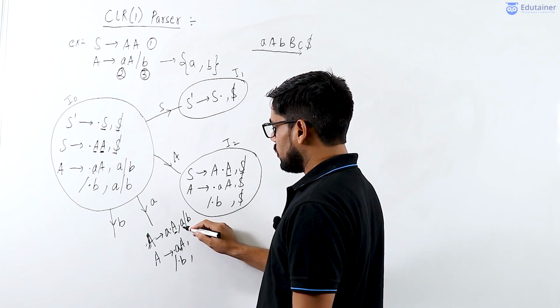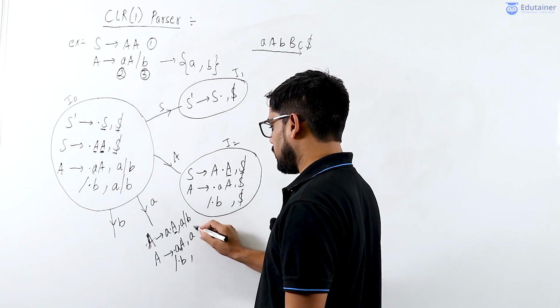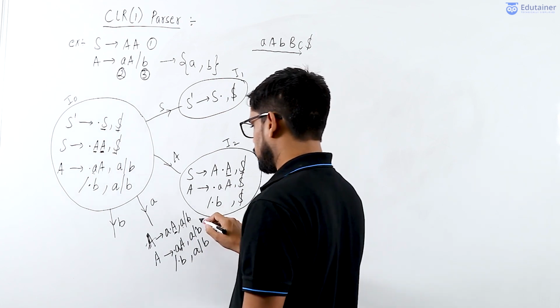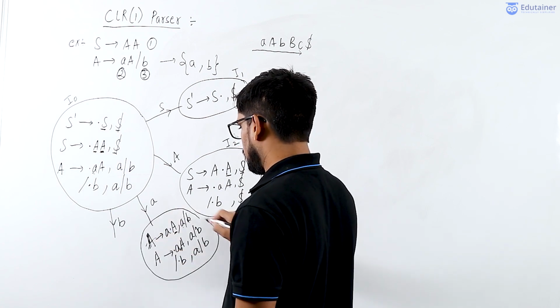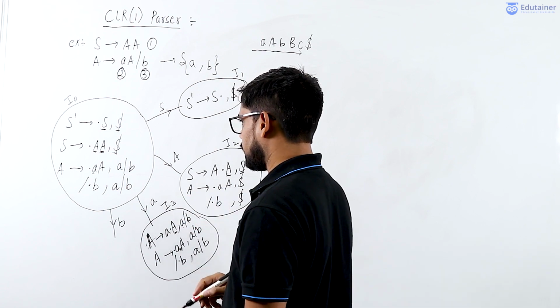After this A, b is the symbol present in this production. So definitely a and b will be the look ahead symbols for the next A production. And it is completed. Let's call it the I3 state.